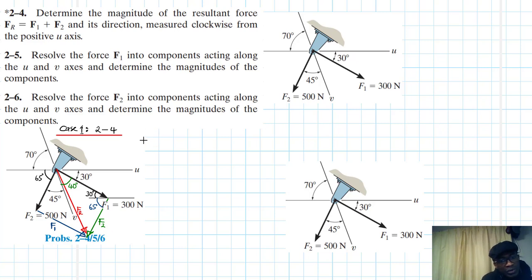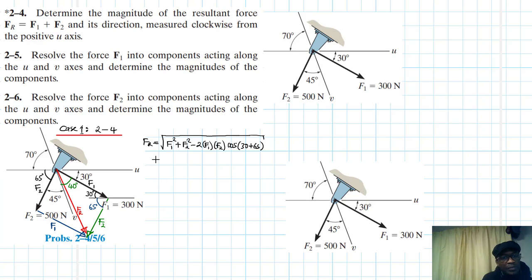Using the cosine rule, we just say FR is equal to the square root of F1 squared plus F2 squared minus 2 times F1 times F2 times cos of this angle there, which is 30 plus 65. Agree? Great. Of course, this one here is F1 and this one here is F2.